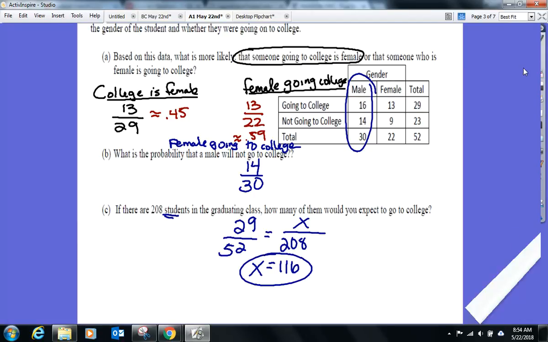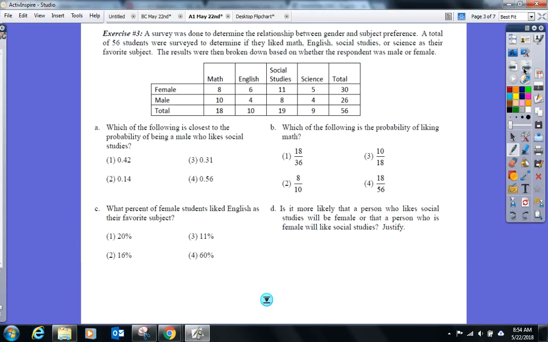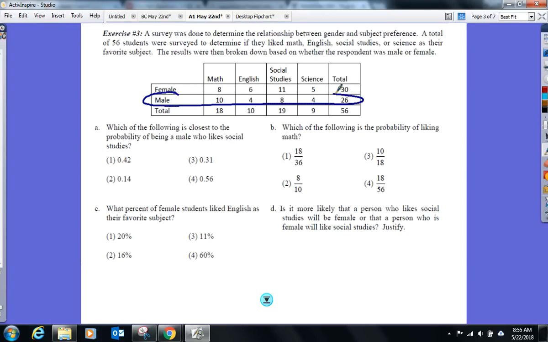All right, we only got a couple more here, then I think we're going to go regions here. All right, so again, gender on the side. Now we have likes: math, English, social studies, science. Here we go. Find the probability of being male. So those are all the males who like social studies.